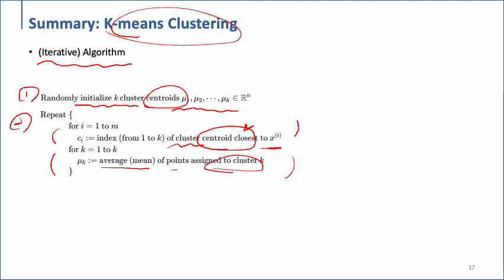With the calculated mean of points, we update the new centroid. Then we go back to the first step. We repeat this process until it converges or the number of iterations is reached.